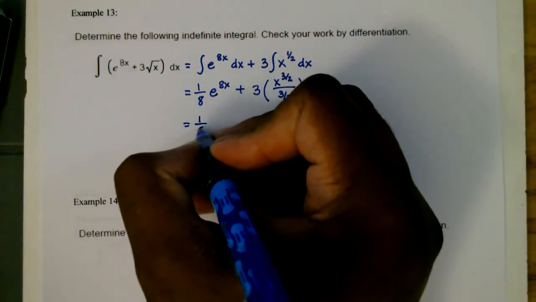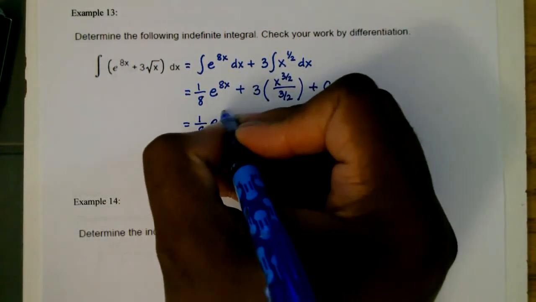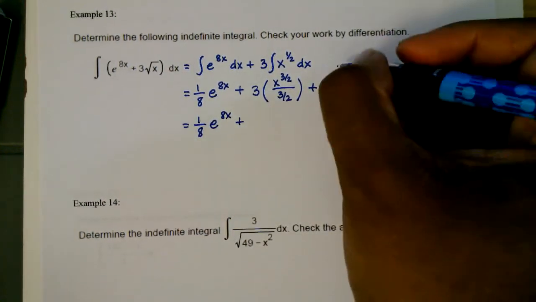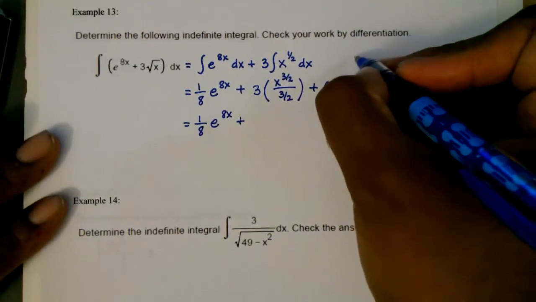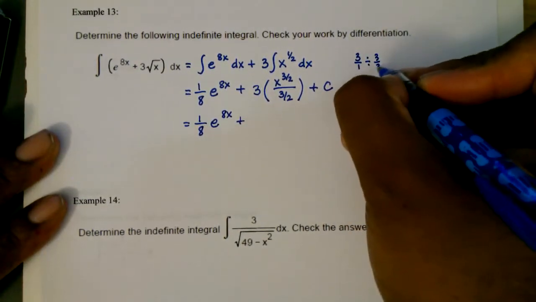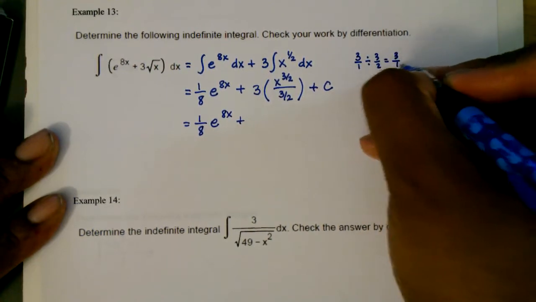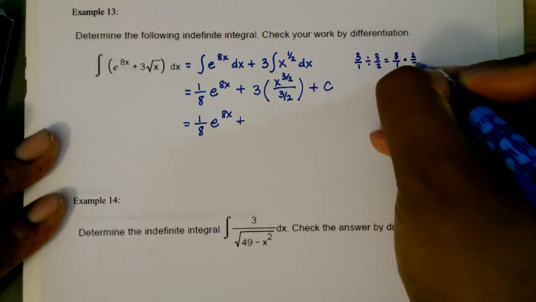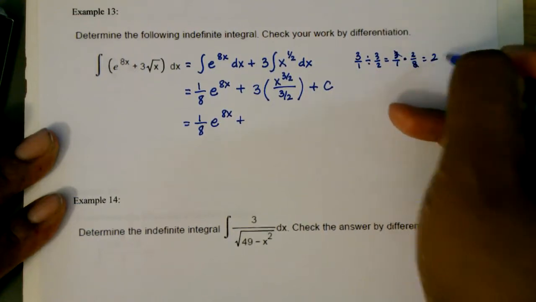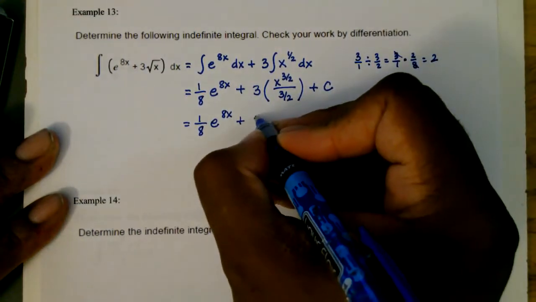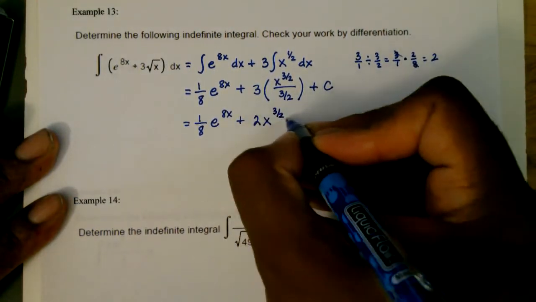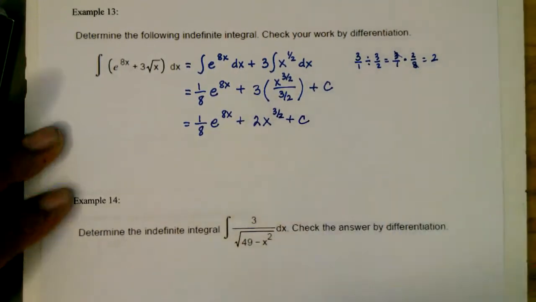So I'll bring down the 1/8 e to the 8x plus, now if I do 3 divided by 3/2, that's 3 over 1 divided by 3/2. That'd be 3 over 1 times the reciprocal, which is 2/3. You'll see the 3's divide out. You'll be left with 2. So this will be 2x to the 3/2 power plus c.